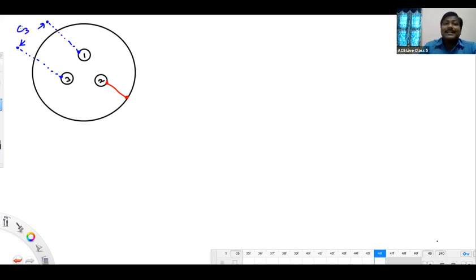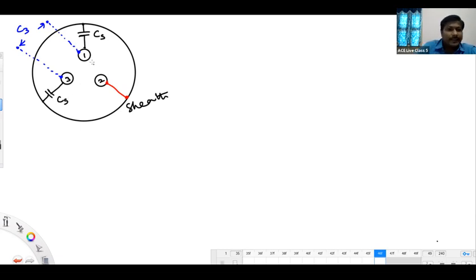Now you keep the CS and CC in the figure, whichever are available. 1 and sheath are not connected, so definitely this capacitance will exist, CS. 2 to sheath you don't have, it is shorted. 3 to sheath will be existing CS.